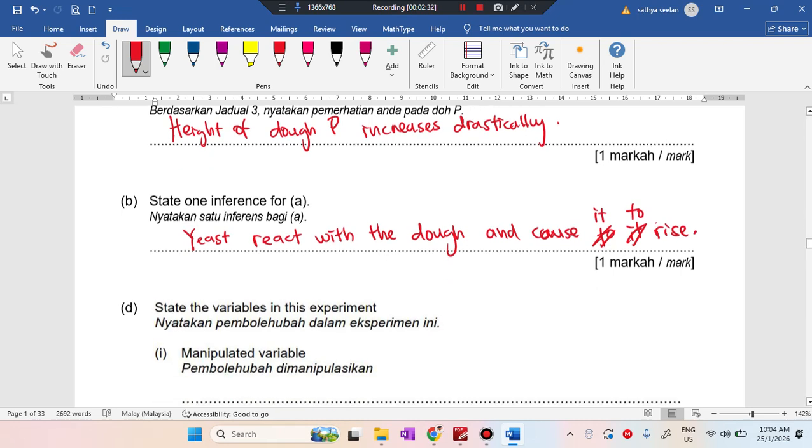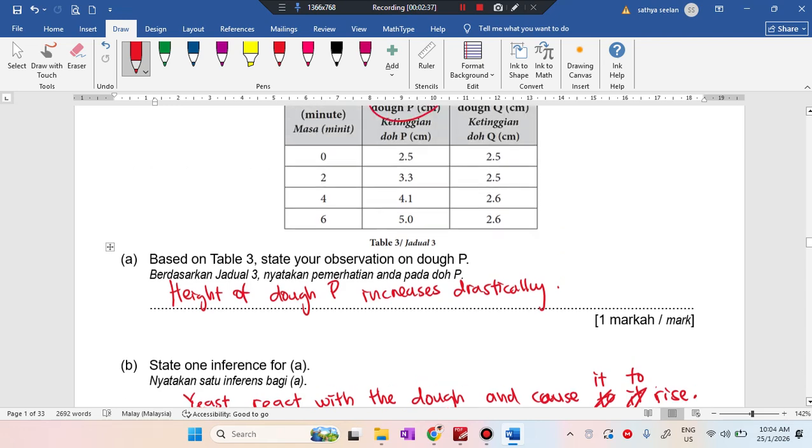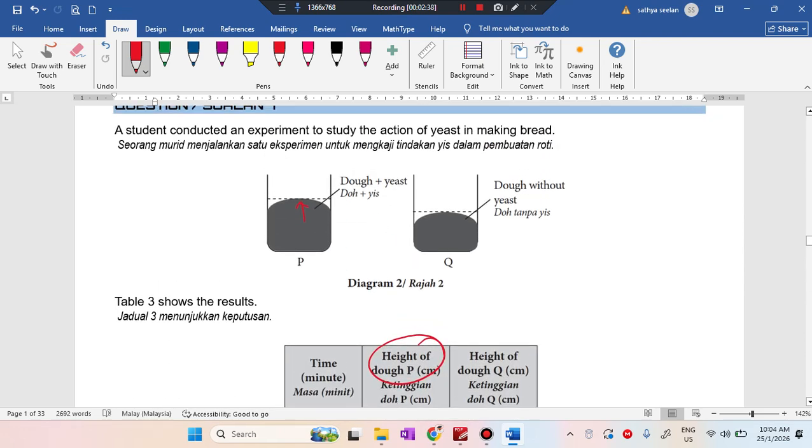Okay, find the manipulated variable. What is manipulated here? What we change? Time, no. The yeast. Yes, right. Here got yeast, here without yeast. This is the effect of it, right?